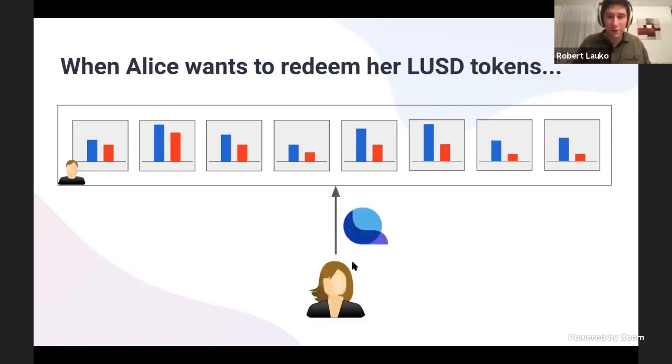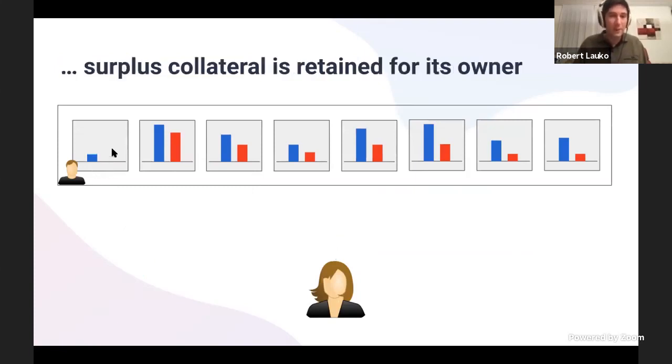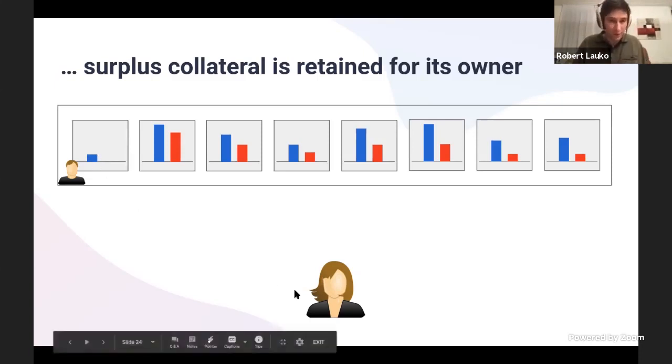And now when Ashley comes along and wants to redeem LUSD for Ether, what happens is that the system starts at this position and uses the Ether that are redeemed to repay Bob's debt. So this happens. And the system also takes the amount from Bob's collateral which corresponds to the amount of debt repaid, and gives it to Alice.